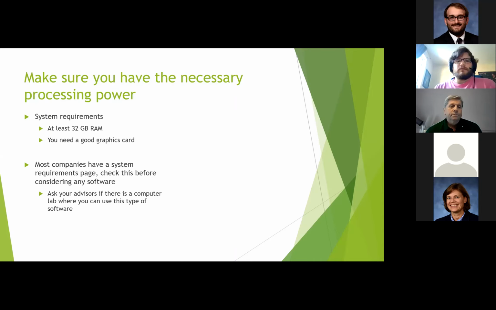So if that's not available to you, I would just say make sure that you meet with an academic advisor, someone in your department or somewhere in the school, to see where labs exist that will be able to take on that kind of processing.